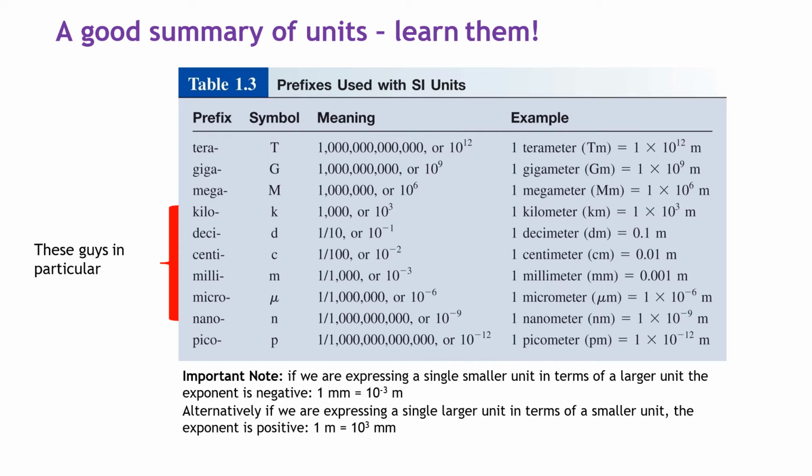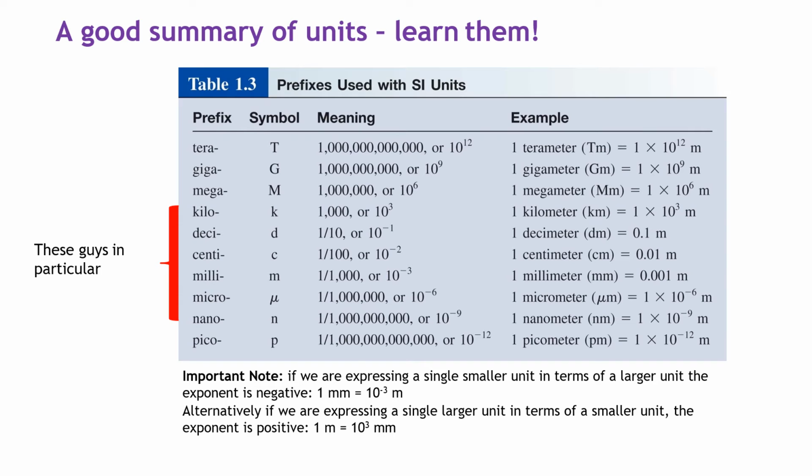The interesting thing to note here is our equalities in both cases are between the same units, a millimeter and a meter. We're just, in the first case, using 1 millimeter, and in the second case, using 1 meter. Notice that the absolute value of the exponent is the same, 3, but in the first case, it's negative, and in the second case, it's positive.